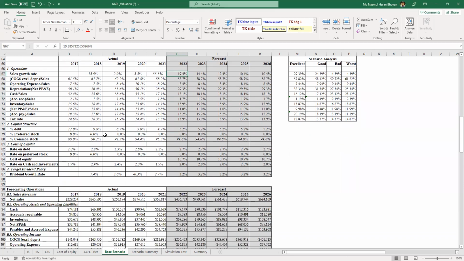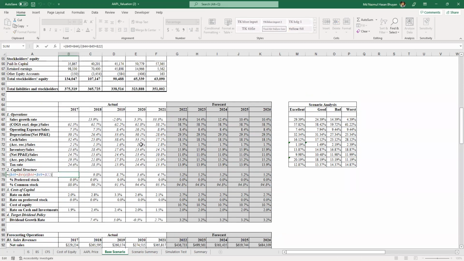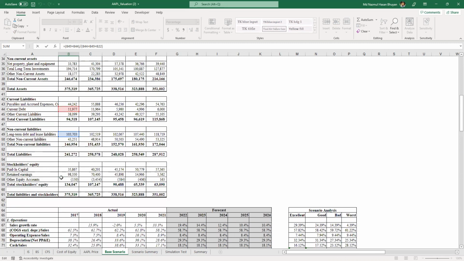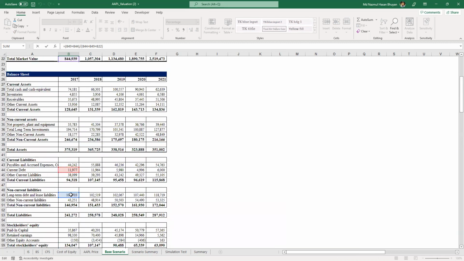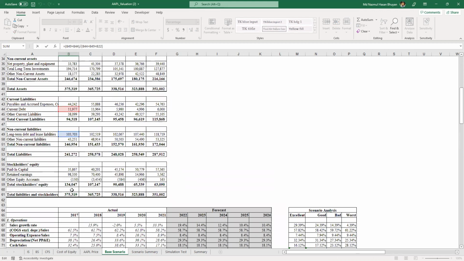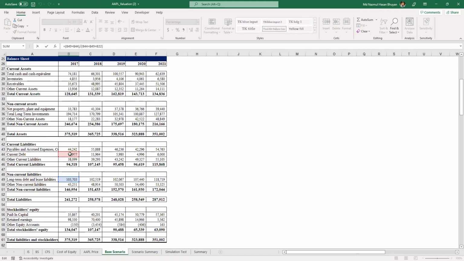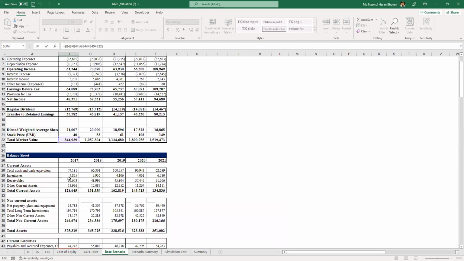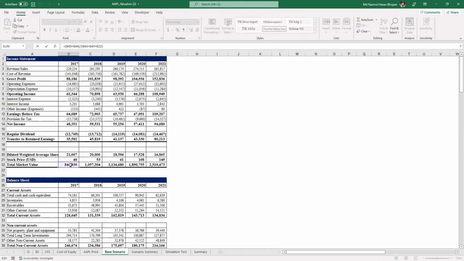All right, next, percentage of debt. So percentage of debt, here you can see total debt divided by total capital. So total debt should include current debt and long-term debt, and then total capital should include current debt, long-term debt, and then total market value.